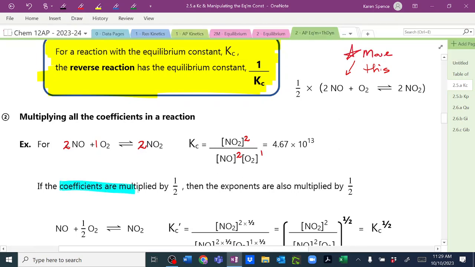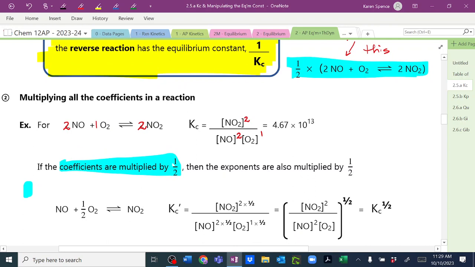If the coefficients are all multiplied by a half, so that's what's happening here. I don't know why it's way up there. It should go down in here somewhere. But if you multiply them all by a half, you get 1, and you get a half, and you get 1. Does that make sense? Okay.